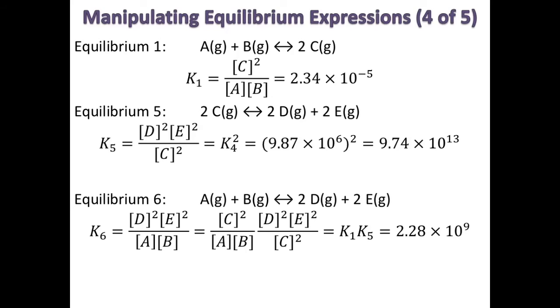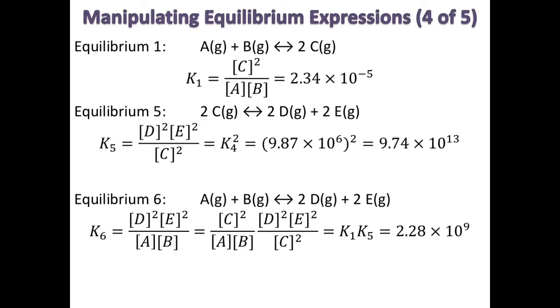Now we're going to combine equilibrium 1, which produces 2C, and equilibrium 5, which takes the 2C and makes it 2D plus 2E. Remember that equilibrium 5 was the square of K4, and the equilibrium constant K1 given previously was 2.34 times 10 to the minus fifth.